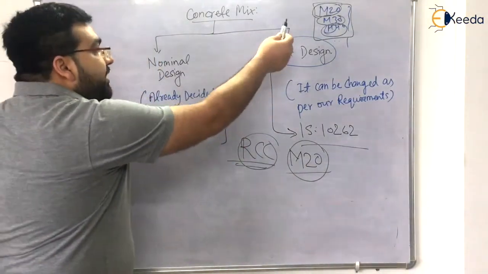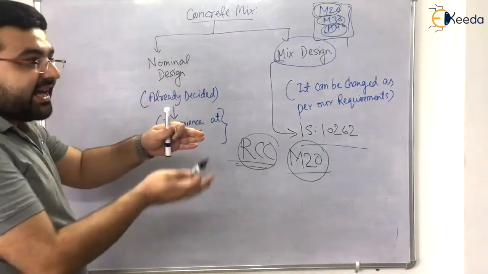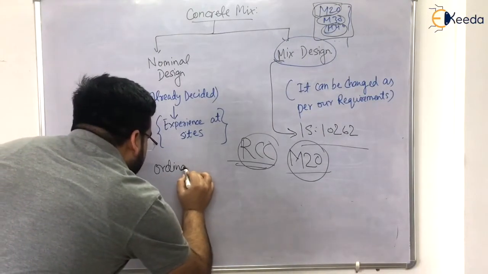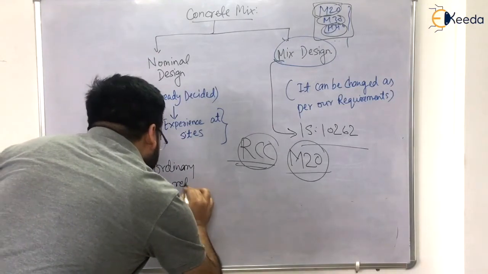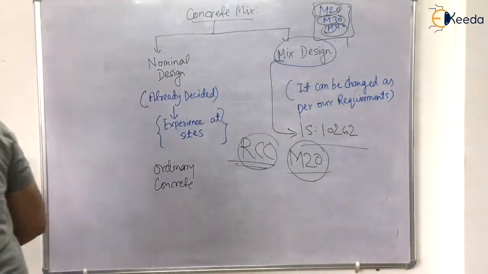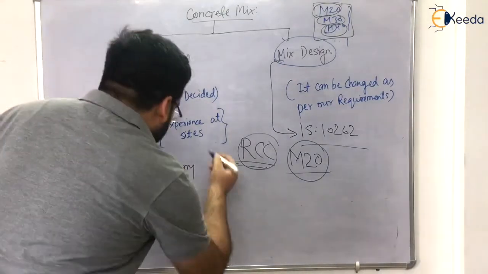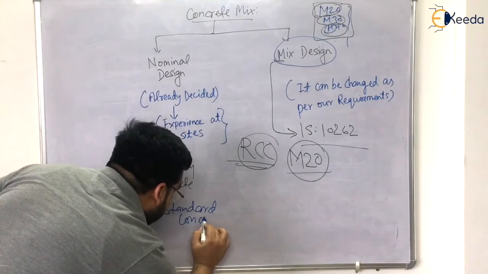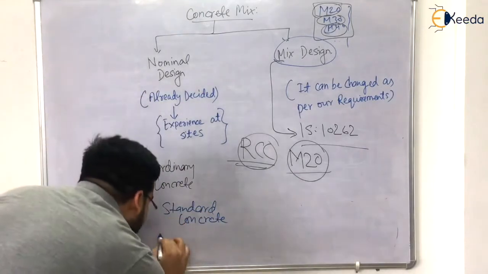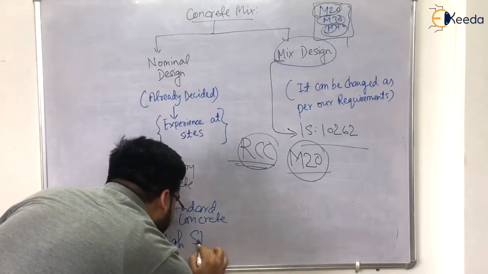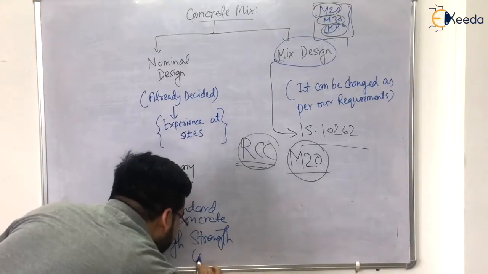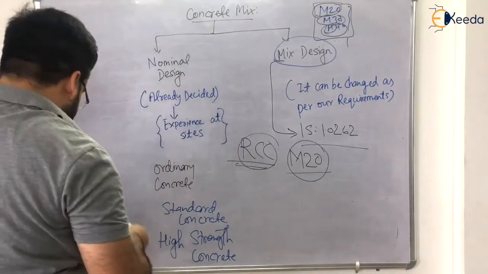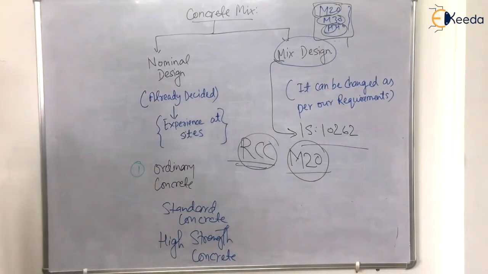Now, concrete M20, M30, M40 has been characterized, it has been grouped, right? The first one is ordinary concrete.